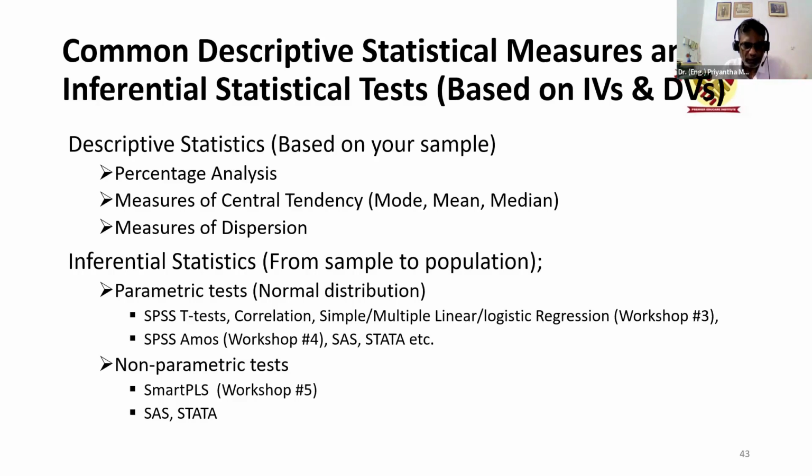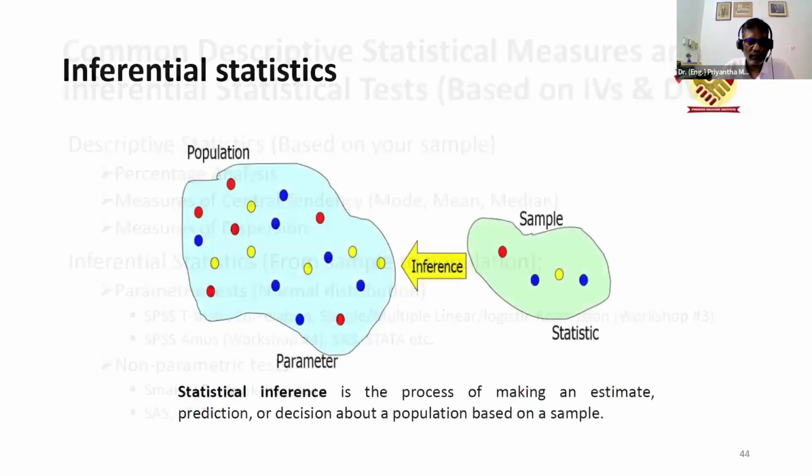These are not coming under this session, but I wanted to tell you that is how you have to select your statistical test. If your data is not normally distributed, you can't apply SPSS, AMOS, or multiple linear regression. Then you have to go for Smart PLS or SAS or STATA or whatever, right? So that is coming under the big workshops.